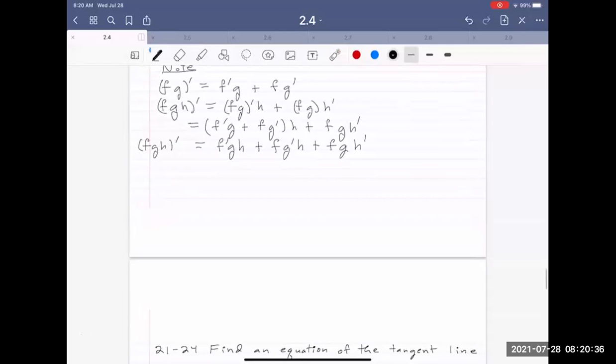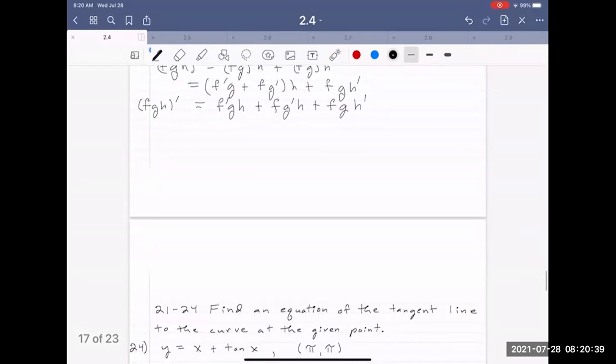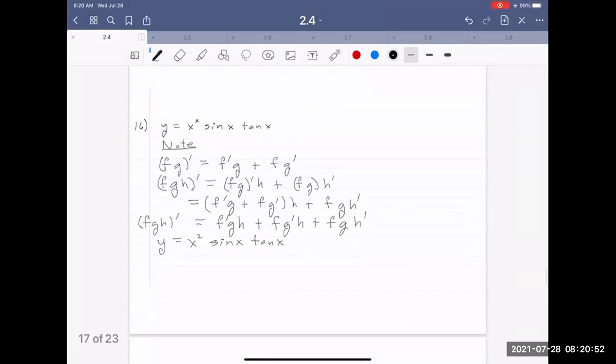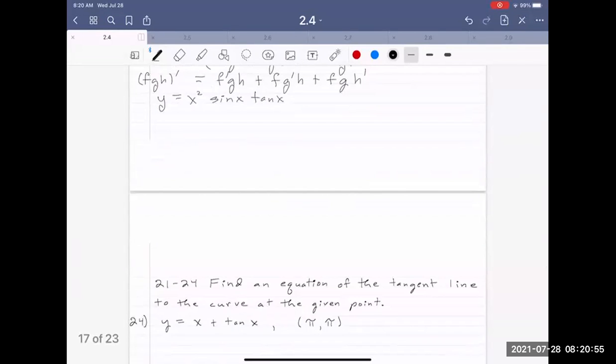Okay, so let's take the derivative of y equals x squared sine x times tangent x. Derivative of the first, 2x times everything else, plus the derivative of the second times everything else.